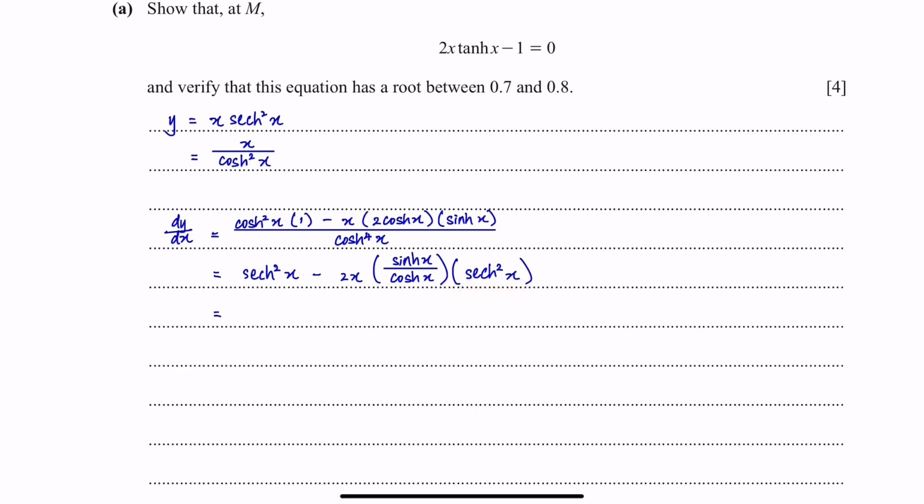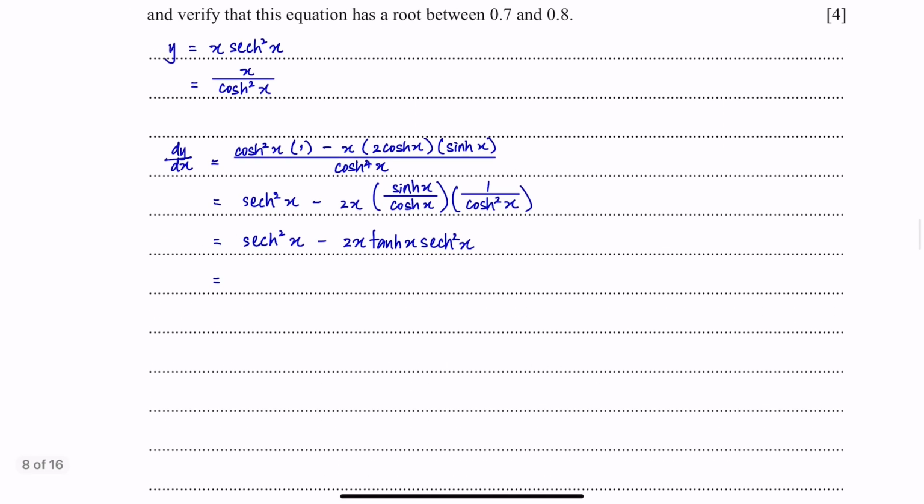And I can simplify it. Okay, I'll just write this as 1 over cos to make it not that complicated. So I have 1 over cos squared, and now I simplify it to get sec squared x minus 2x tan x sec squared x.